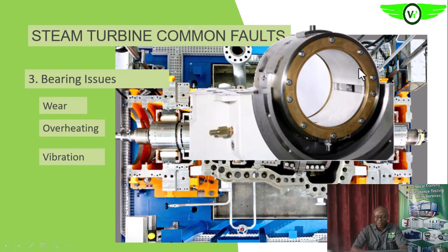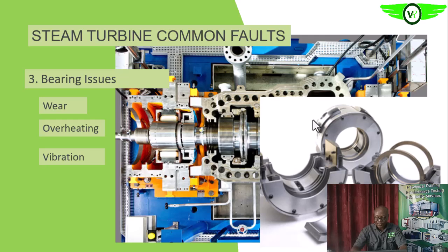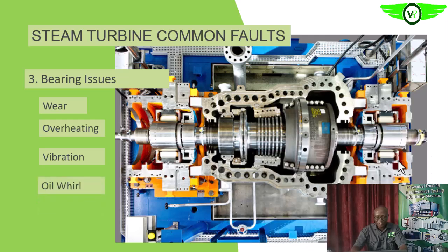So once it is worn, you will see that the vibration around the bearing housing will increase. If the thrust bearings are also worn, you see an increase in axial vibration on that bearing end. Are we getting it? So the to and fro movement will increase because of the worn thrust bearings. Okay. So that is another problem.